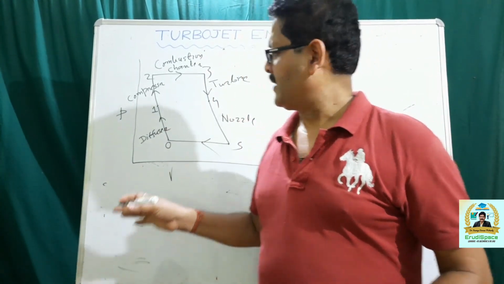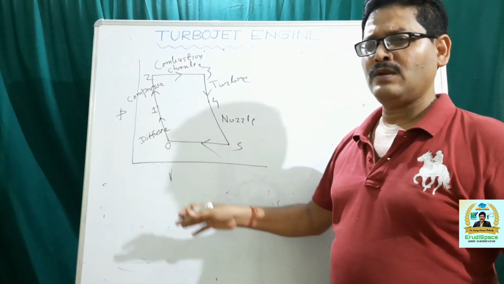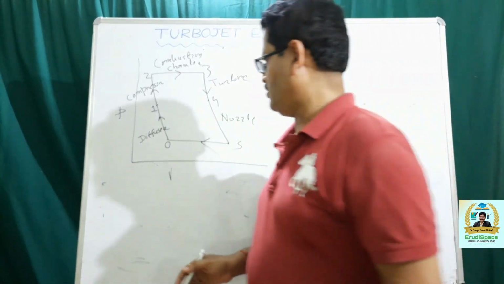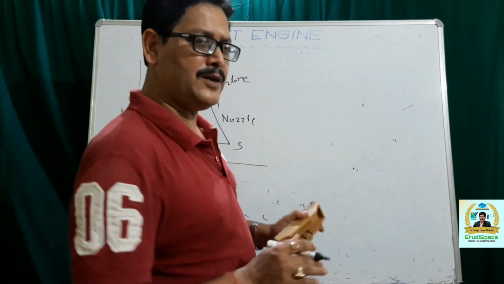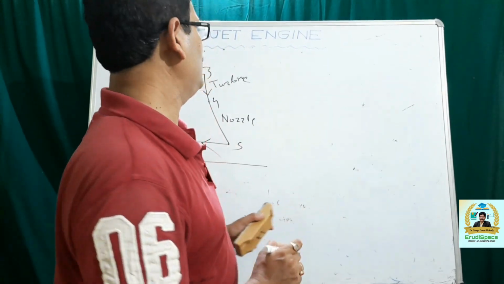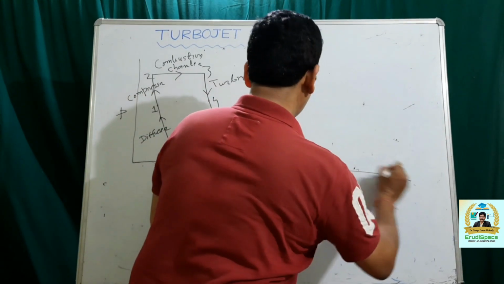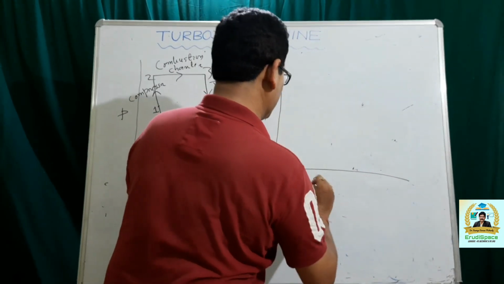The same has not been shown in the PV diagram nor in the schematic diagram also. But afterburner does play its part when it comes to your turbojet engine. Then we will consider the TS diagram.